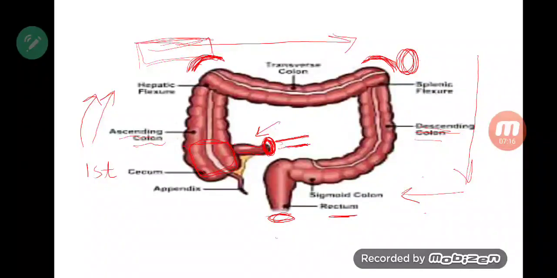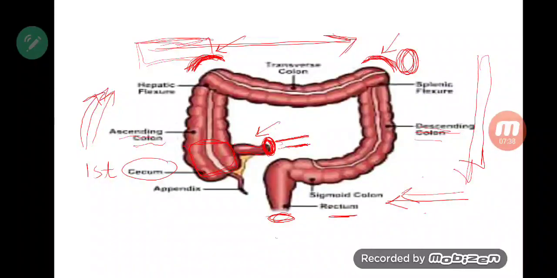Splenic flexure and hepatic flexure. So we have the large intestine starting from the cecum, then ascending colon, then transverse colon, and we have descending colon, and we have sigmoid colon.